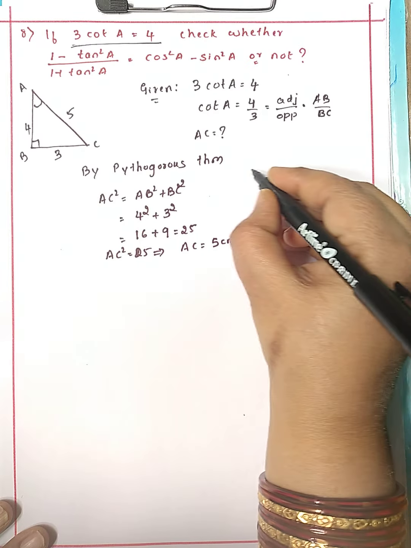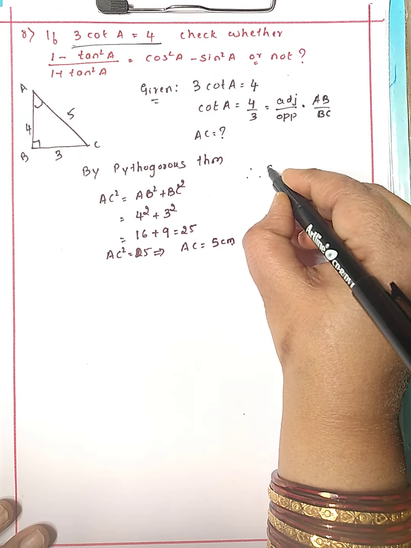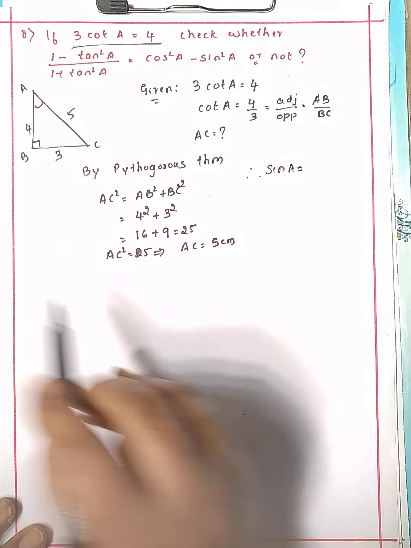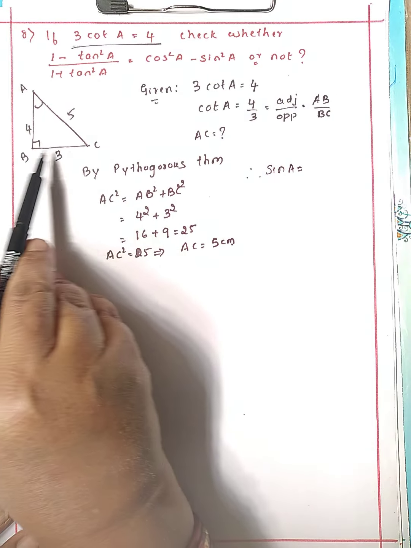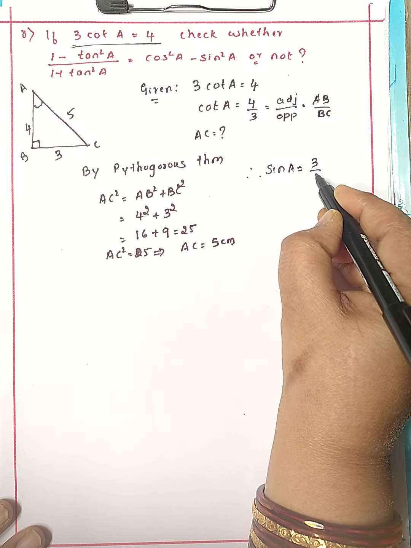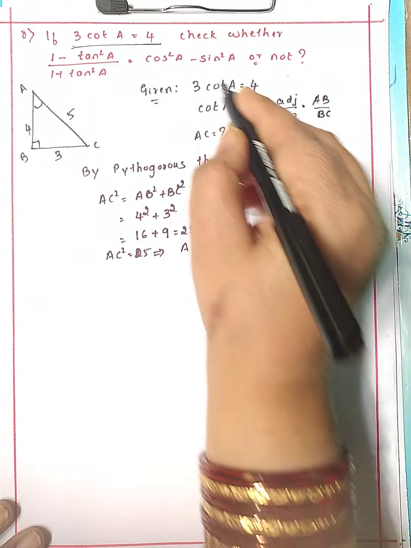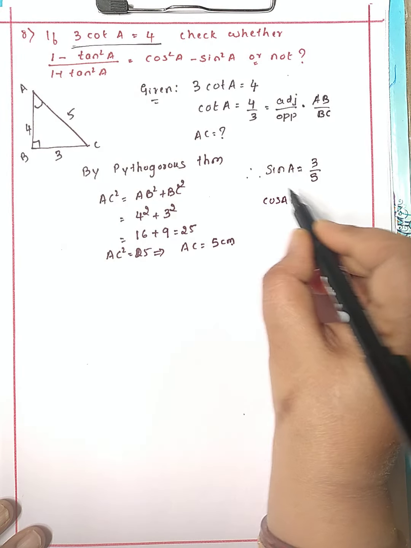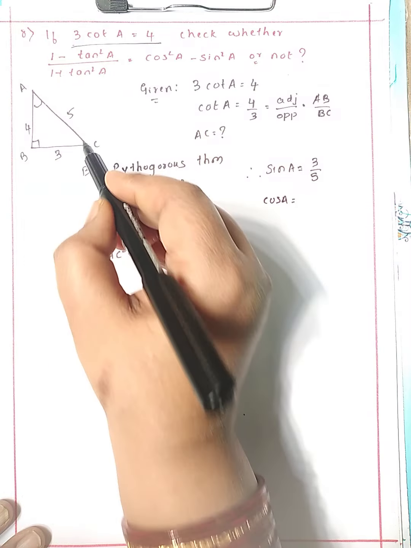Therefore, sin A equal to, what is sin A? Sin A is opposite by hypotenuse. That is 3 by 5. Then cos A. Cos A is adjacent by hypotenuse.